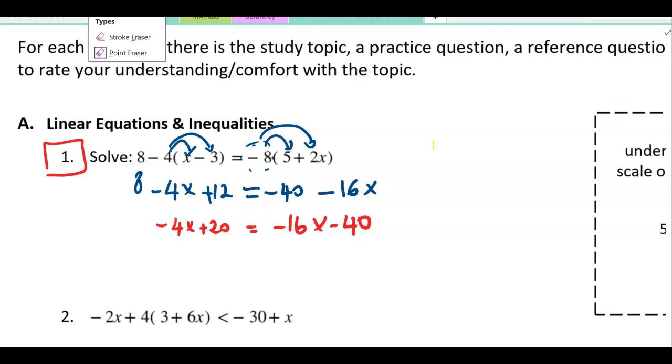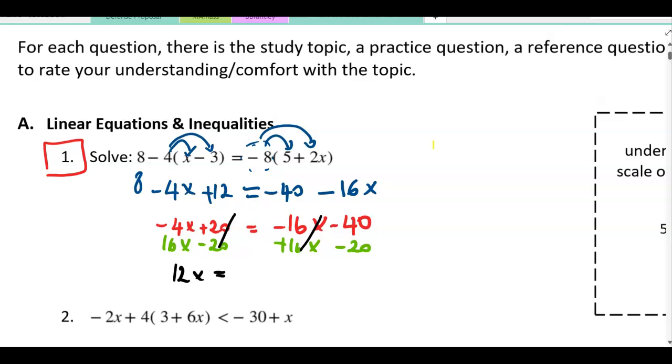Next line, I'm going to add 16x here and subtract 20 there. Then that will be 12x equals negative 60. And we divide both sides by 12, and x will be equal to negative 5.